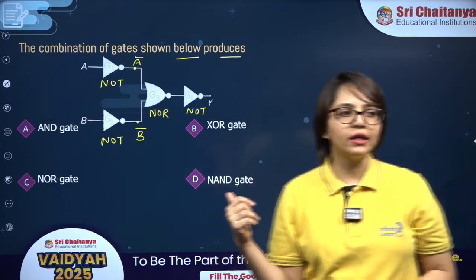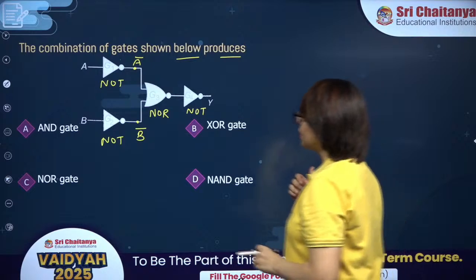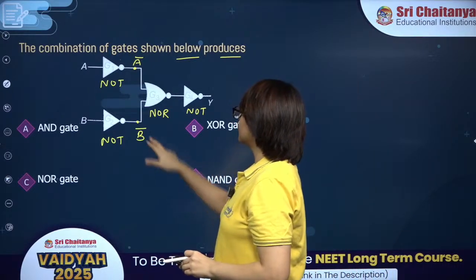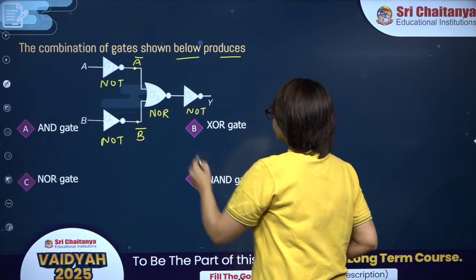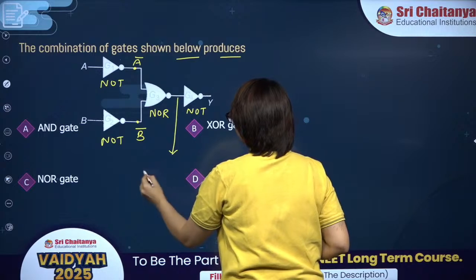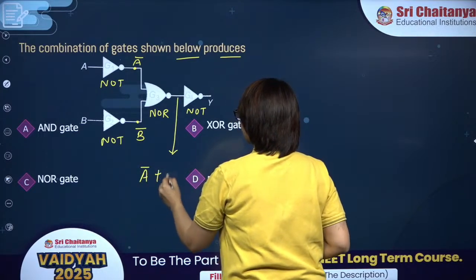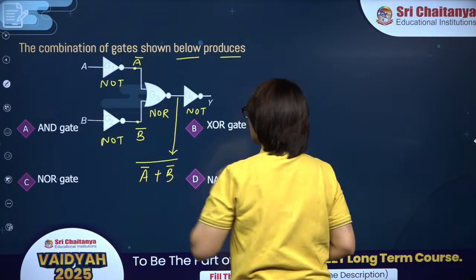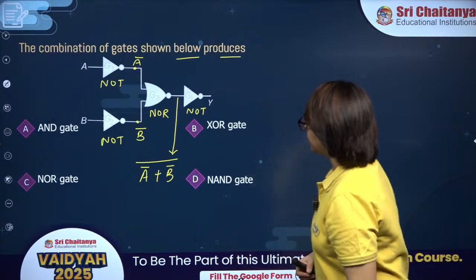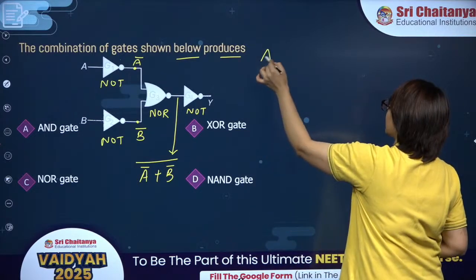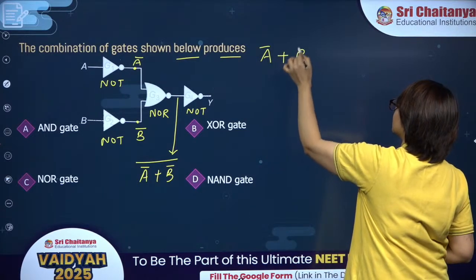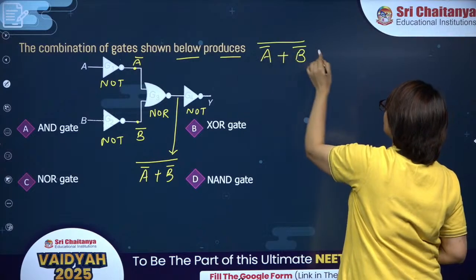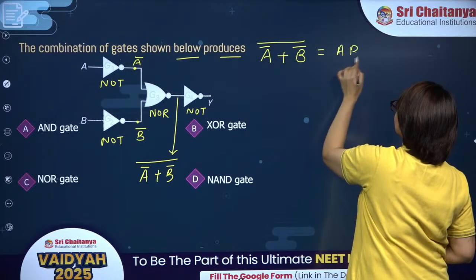A bar and B bar are the inputs to this NOR gate. So for the NOR gate, output will be (A bar plus B bar) whole bar. According to De Morgan's theorem, this will be A into B only.